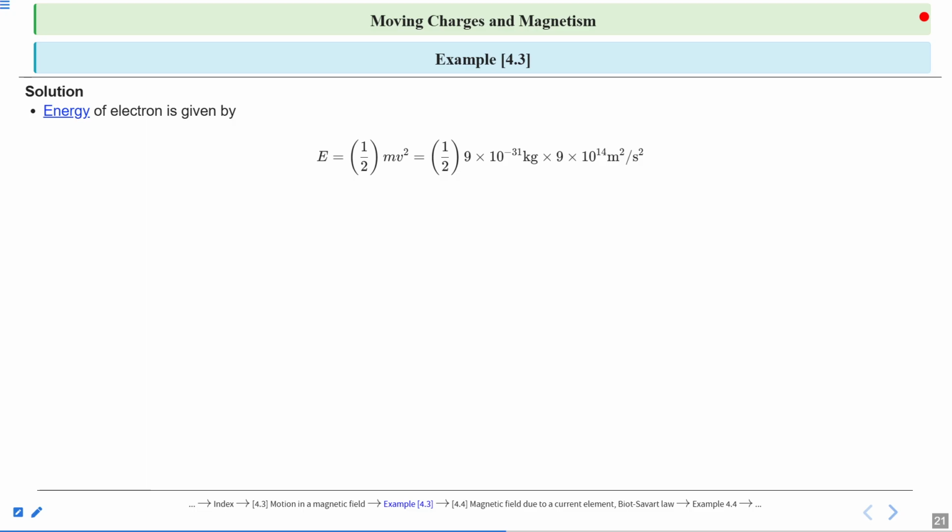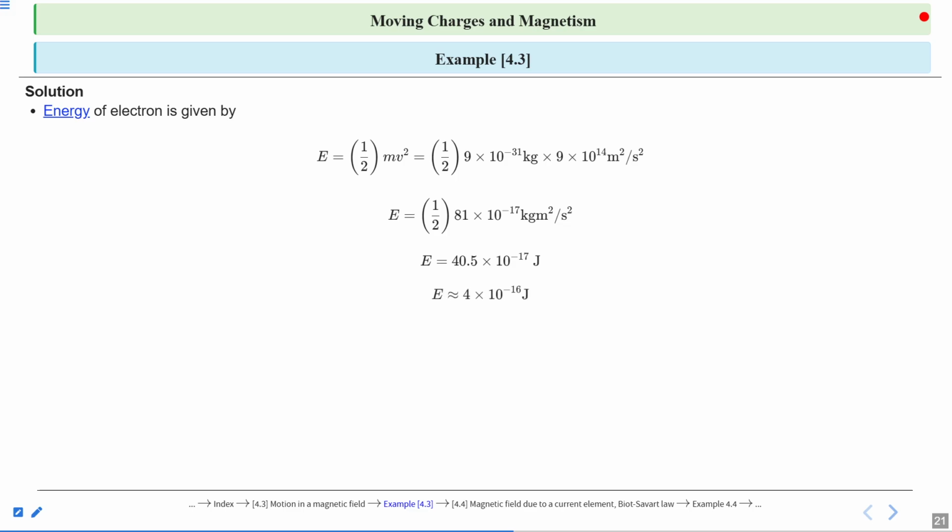Velocity is given as 3 into 10 to the power 7, so after squaring it, it will become 9 into 10 to the power 14 and the unit will become meter square per second square. After solving, E equal to half into 81 into 10 to the power minus 17 kg meter square per second square. Kg meter square per second square is known as joule. So energy is equal to 40.5 into 10 to the power minus 17 joule.